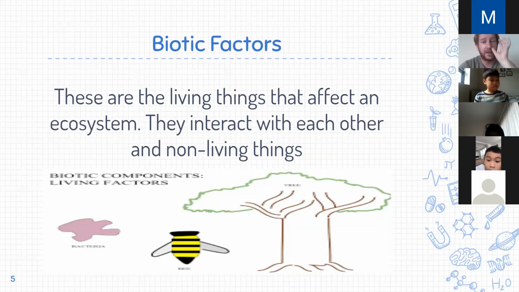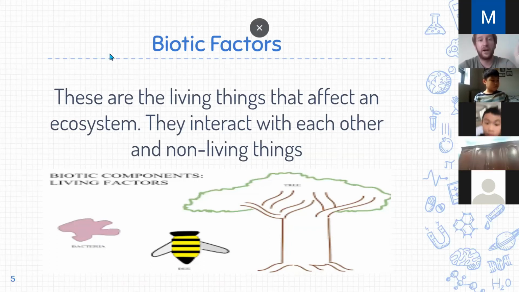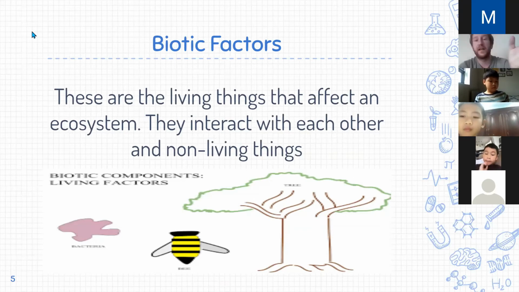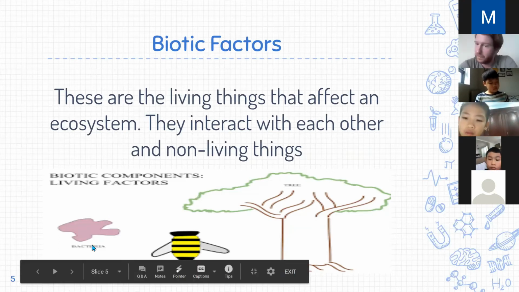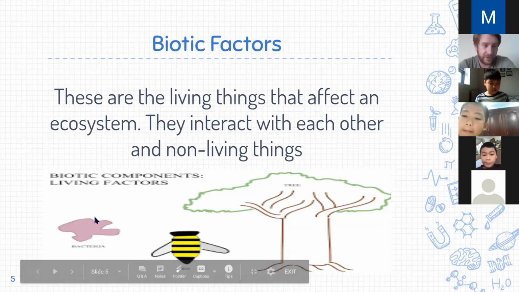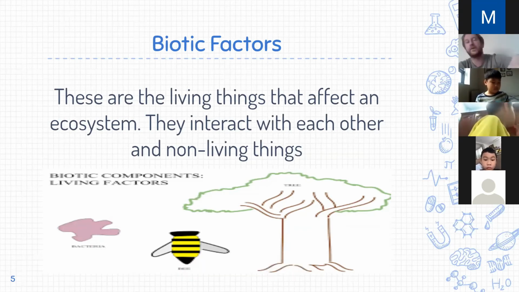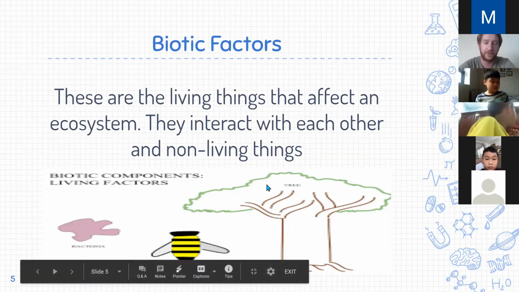So again, biotic things are the living things that affect an ecosystem, and they interact with each other and non-living things. For example, you have bacteria. Bacteria interact with you. You can get sick because bacteria are attaching themselves to you. You have a bee. A bee is necessary for pollination. It's necessary for plants and trees and the surviving of these plants and trees, and it interacts with them as well.